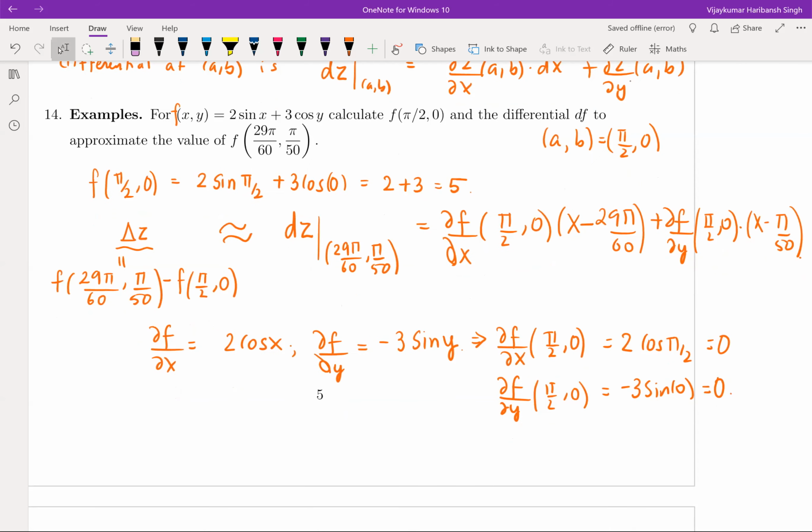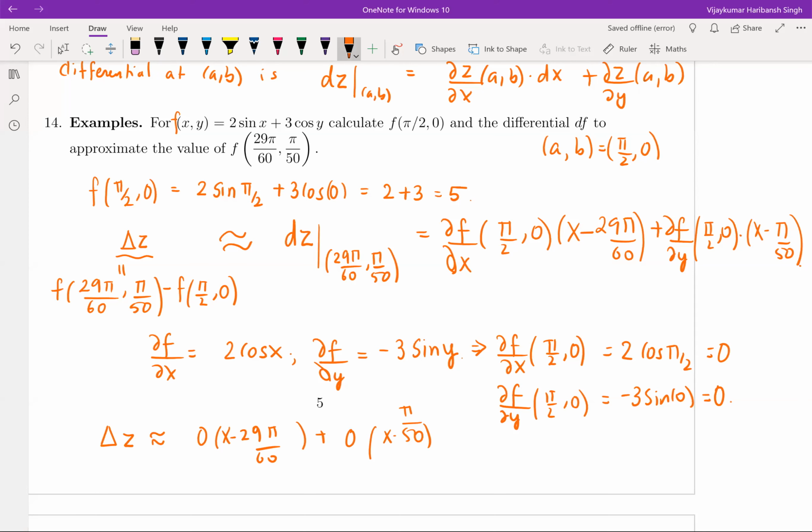So in this case, delta z is approximately equal to dz, which is 0 times (x minus 29pi/60) plus 0 times (y minus pi/50). So we got delta z to be 0.